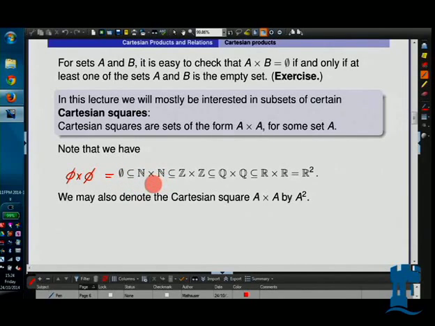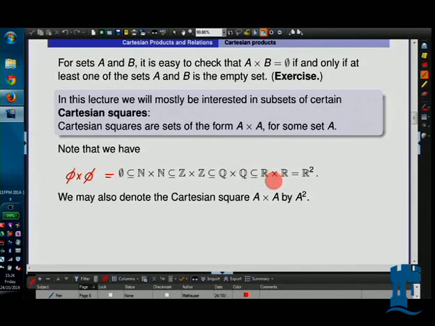That's pairs of natural numbers. That will form a nice grid of points in R squared, where the coordinates are positive integers. That's contained in Z cross Z, which is a more extensive grid, because you allow negative integers, or one of the integers, or both could be 0. So this is the one where the coordinates both have to be integers. Q cross Q, that's points of R squared where both coordinates are forced to be rational.